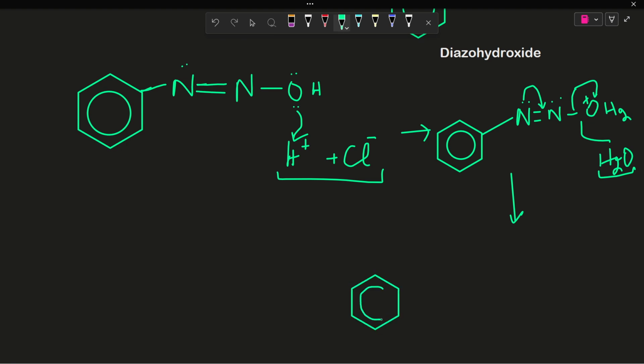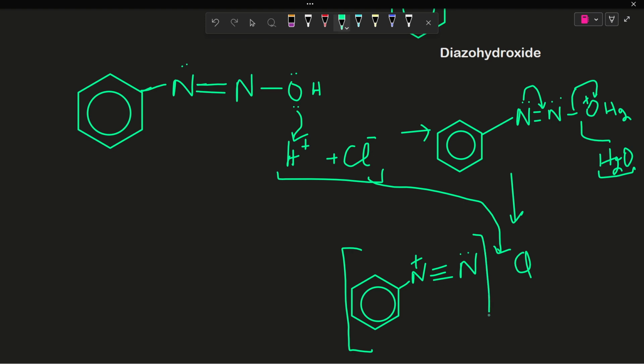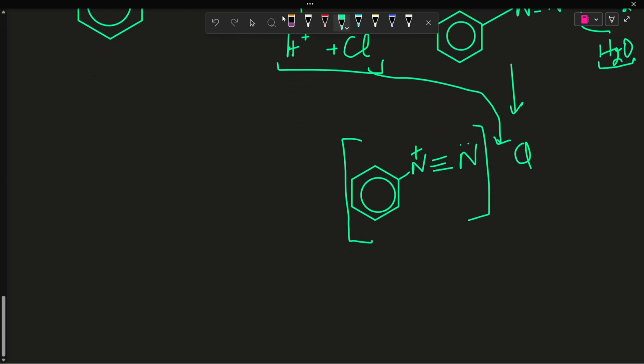All right, here we got the shape. So here we have N. Now this lone pair has converted to a double bond, and then to a triple bond between these two nitrogens, and a positive charge has developed on it, and a lone pair is already on it. Now this Cl negative from the HCl will be there to stabilize this. So what we have got is something like this, and this is called a diazonium ion.